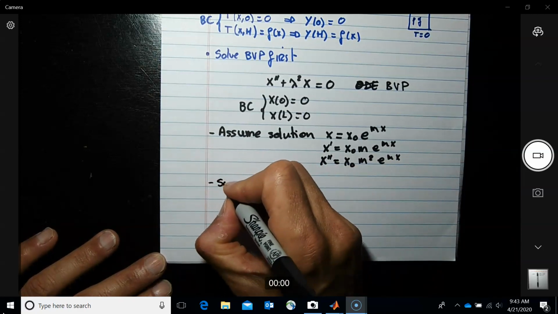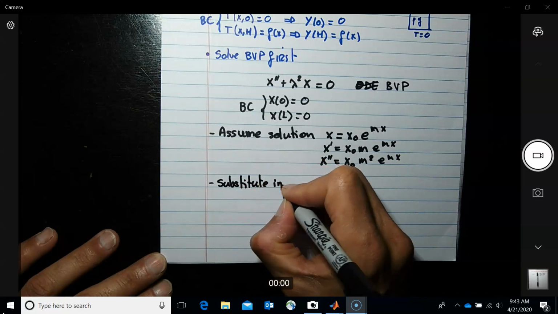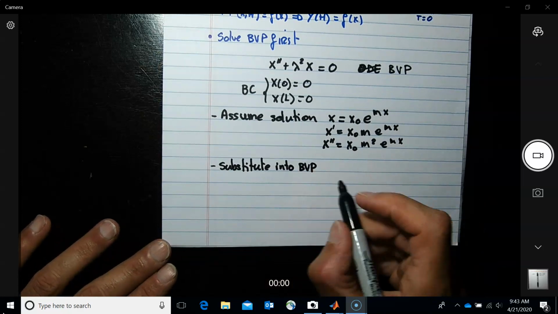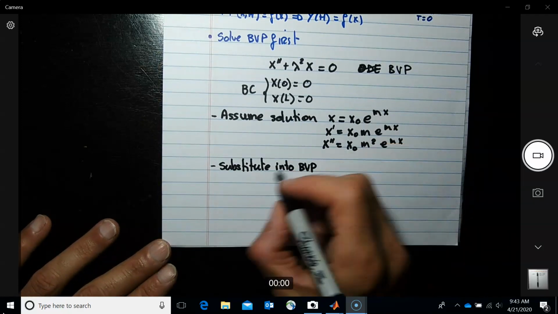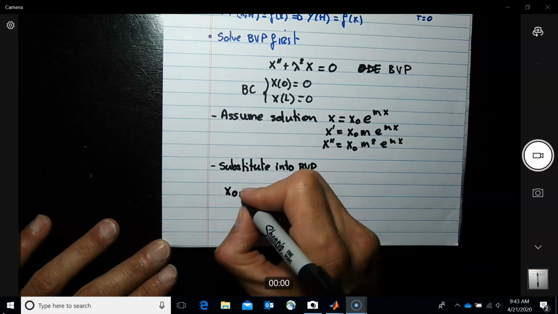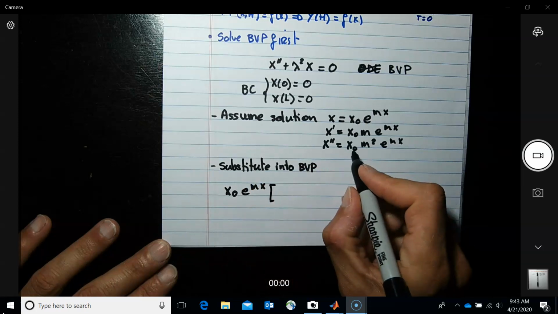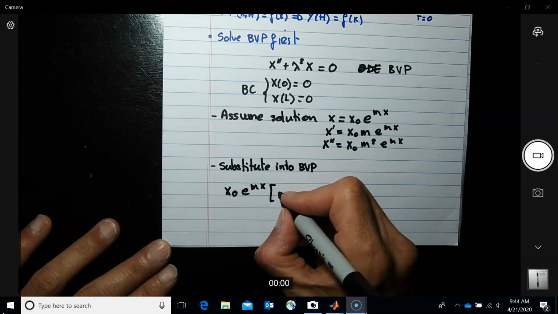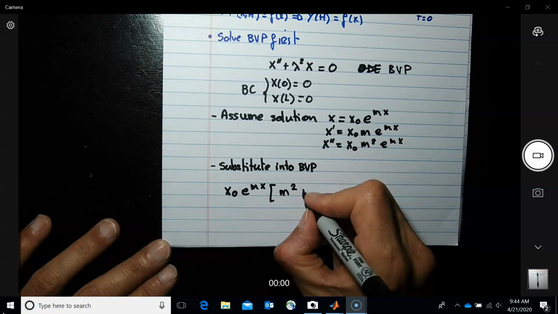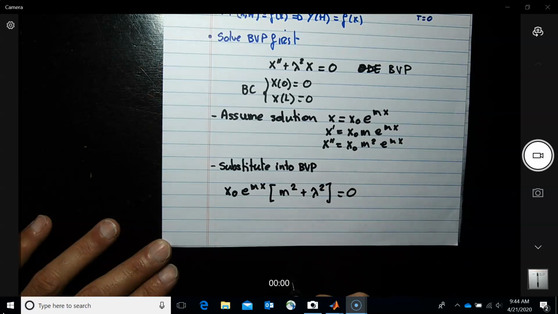Now what do you do? You substitute into the boundary value problem. So what you're going to get, I'm going to start going a bit fast, if you factor out x sub naught e to the mx, the x double dot will give you m squared, and then plus lambda squared, equal to 0.